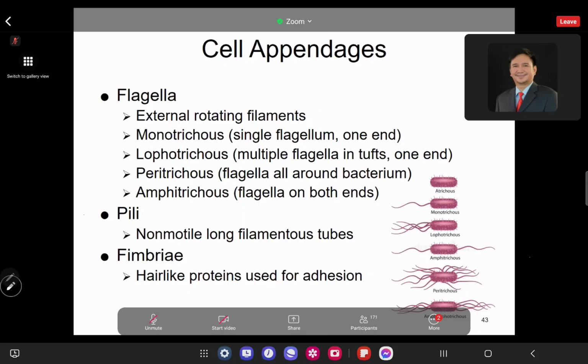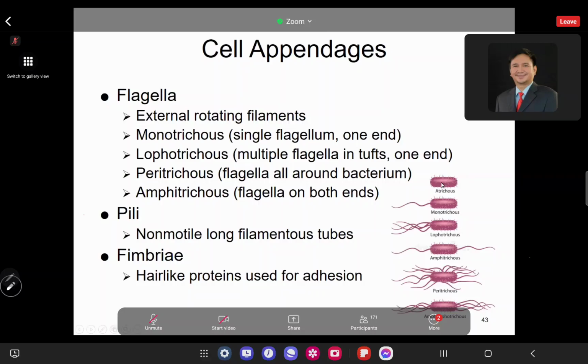Now, we could describe a cell with the presence or absence and the location of the flagella. So if there is a single flagellum at one end, how do you call it? It's called your monotrichous bacteria. How about a bacterium with no flagellum?